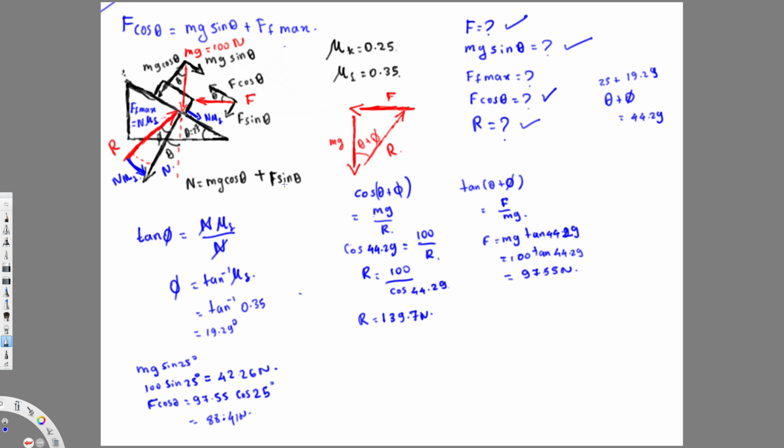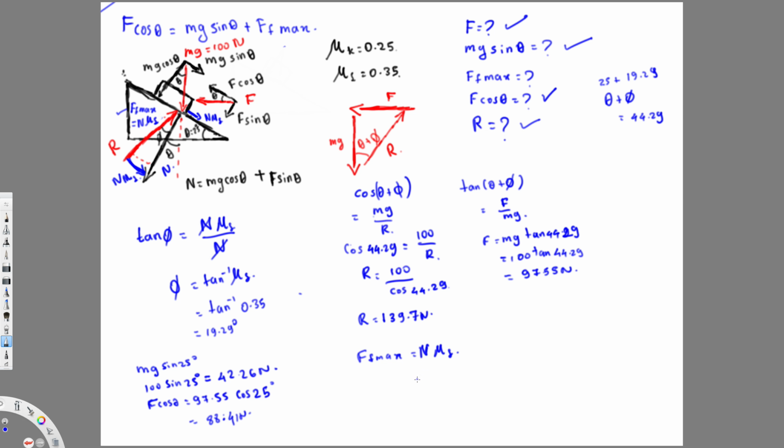Now friction force maximum. The equation is N mu s. It's given right here. So friction force maximum is equal to N times mu s.